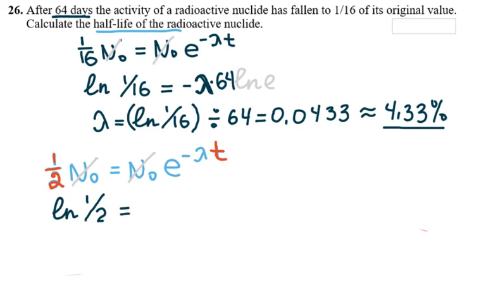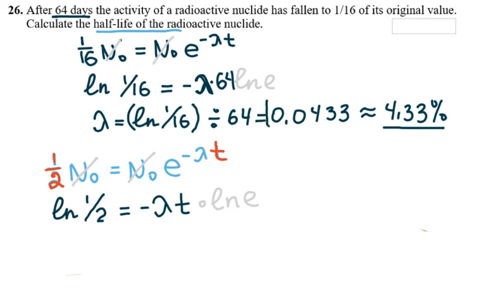On the other side, when I take the natural log of e, the values of negative lambda and t jump in front, and the natural log of e is 1. And then I can plug in the lambda value that I found.